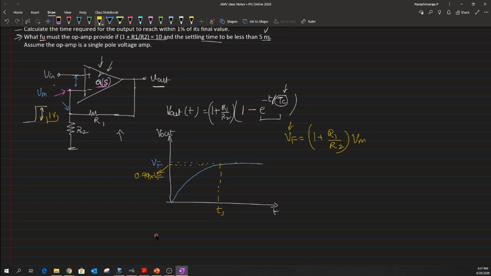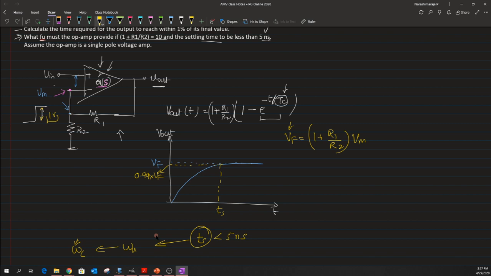And the second part of the question is asking that the settling time needs to be less than 5 nanosecond. Now if this has to be less than 5 nanosecond, then obviously one has to worry about the omega u factor, or in short one has to think about the omega c factor, okay. So this is how the link grows on. So we have to think in that perspective, okay.